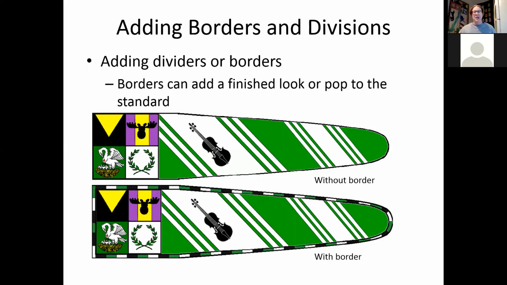Otherwise what you're seeing is the white of your banner against maybe the white cloudy of the sky. And like, where did the banner end? It just doesn't catch your eyes as much. Borders are really nice. In period, oftentimes they would put fringe all over it, like real fringe. I have no idea how these things flapped at all. So anyway, very much suggesting a border.